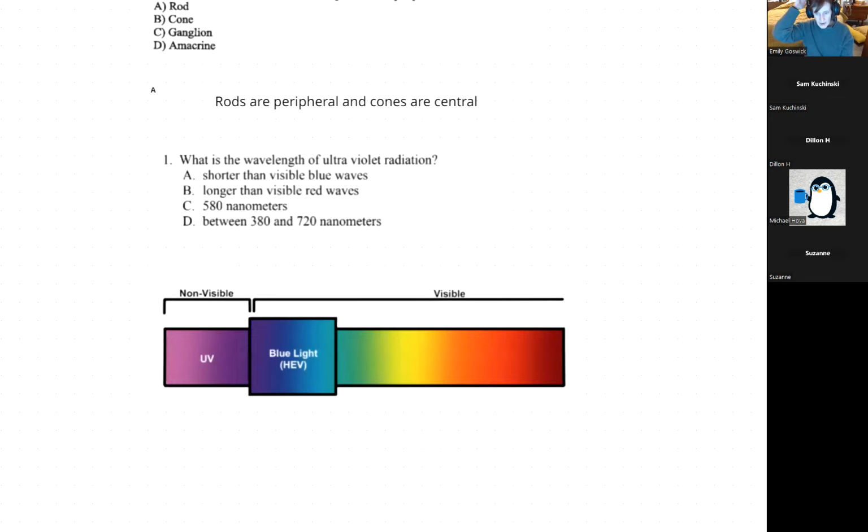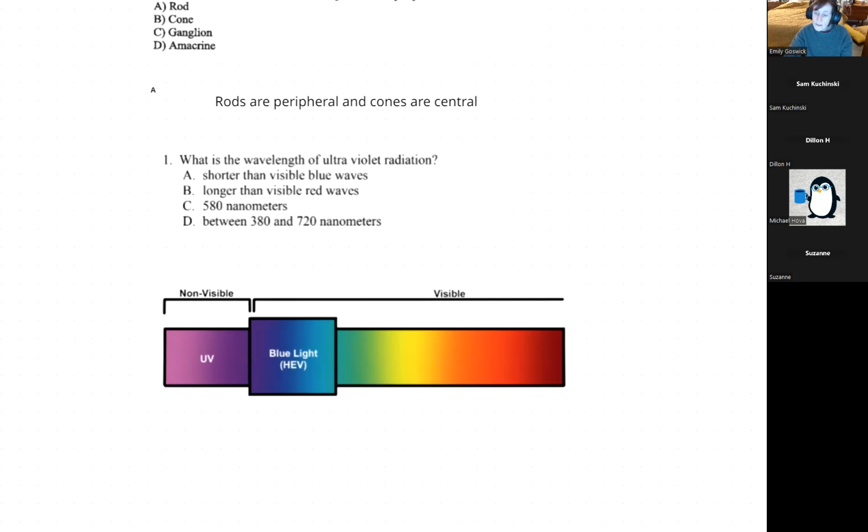Okay, so we have the visible light spectrum over here. We have blue light, so high energy light. We know this is dangerous too. And then we also have UV or ultraviolet, which is damaging to the eye as well. So you can see here kind of the way things are progressing, right?